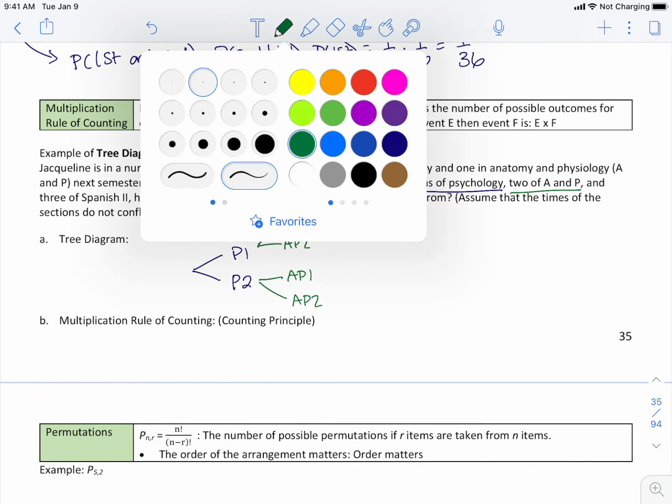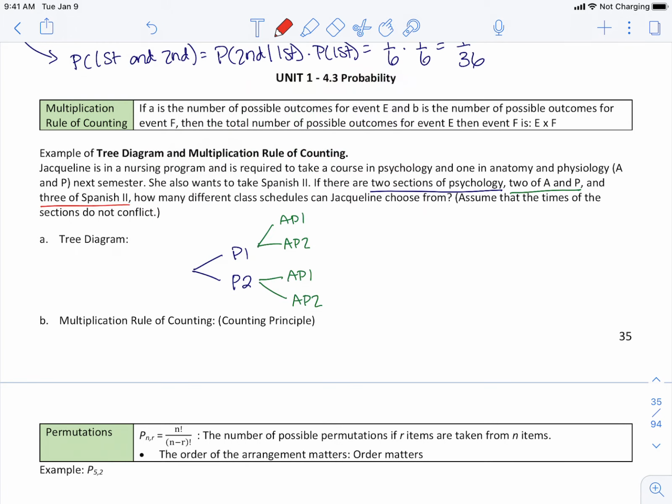Last, there are 3 sections of Spanish 2, so from each of these, there are 3 possibilities. So Spanish 1, Spanish 2, Spanish 3, and so on for each branch. I'm talking about the options, not the level here.